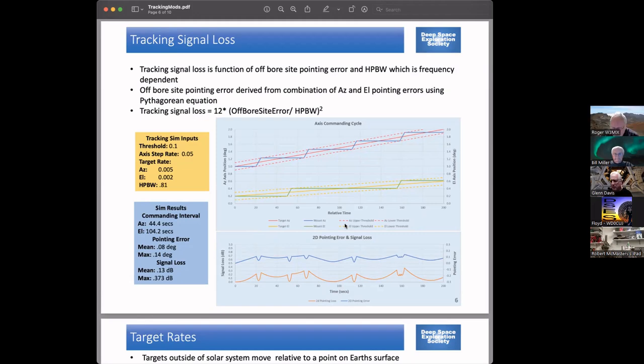So I think it'd be more useful to describe the arc of error, or threshold, rather than a dB drop-off, since that's going to vary for frequency and everything like that. Just allow us to specify an angular threshold. That's right. That's going to vary for each different feed and frequency that we use. Yeah, Roger's right.